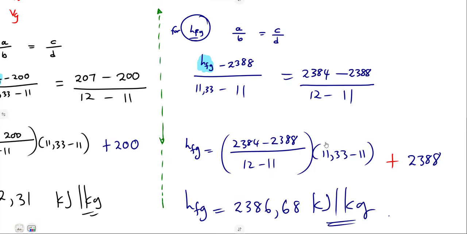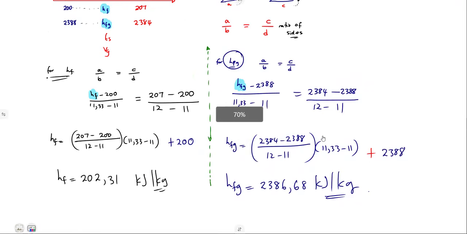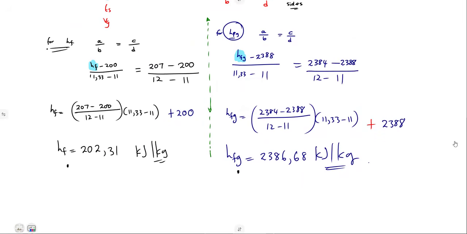If we are to formulate this formula, like I said, guys, it is not only about determining HF and HFG. No, it can be for anything. So here, let me conclude then. I will give you a formula, guys.